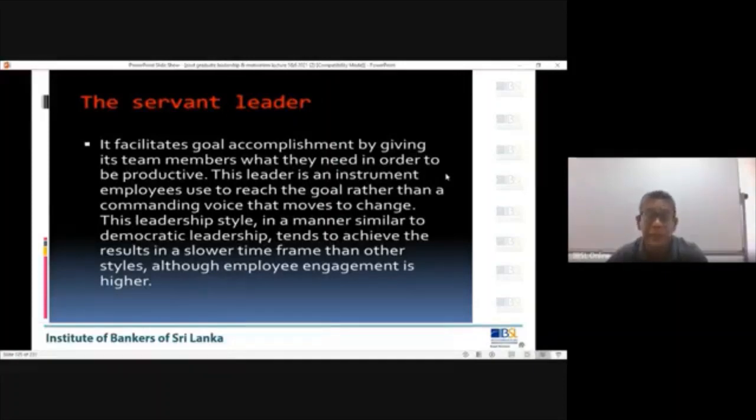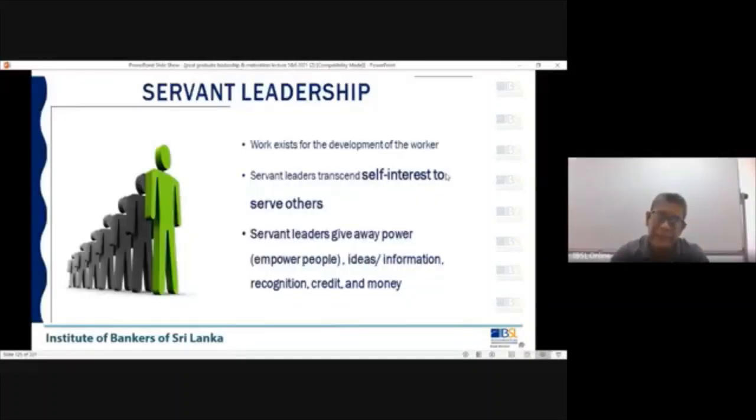It is somewhat related to the democratic type of leadership style, but the servant leader tries to empower people, giving them power, getting their views and ideas, and then recognizing them, and then getting the work done.